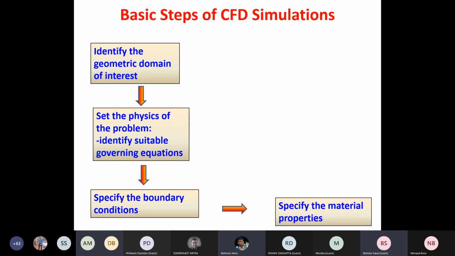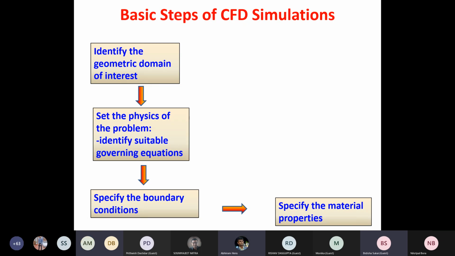Then the fourth step is to specify the material properties. After defining the geometry, what will be flowing in the geometry? It is either water, or air, or some oil. Whatever fluid you are considering, you need to specify the properties.